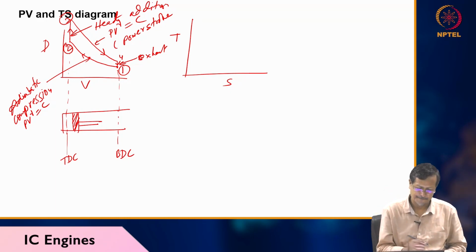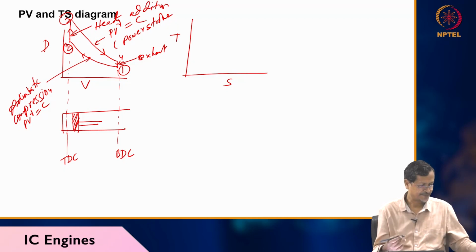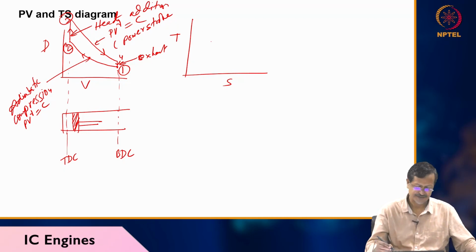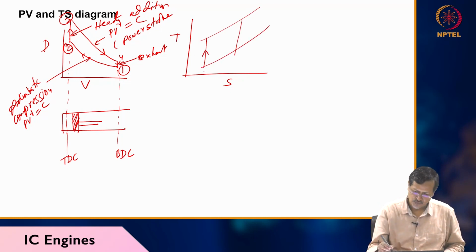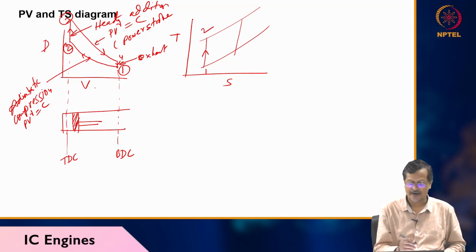Okay, and if I draw the same thing in the TS diagram, it will look like this. 1 to 2 is an adiabatic process.